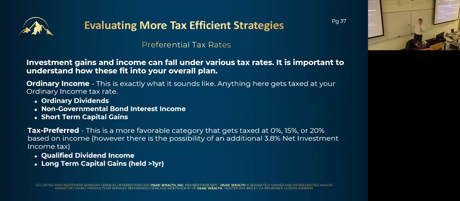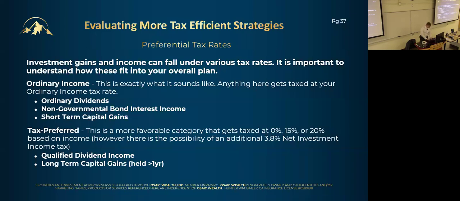Then if you've got really, really high income overall, you might get an additional 3.8% net investment income tax, which is there. So you've got two different things that usually fall into there, which will be your qualified dividend income and long-term capital gains.